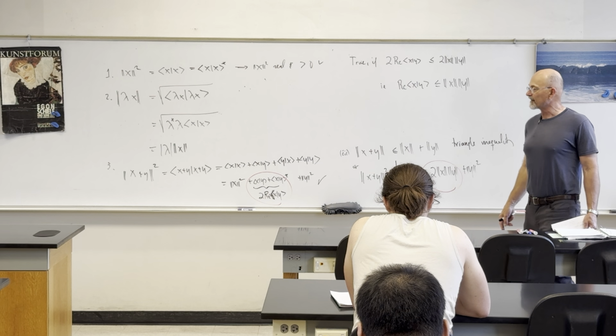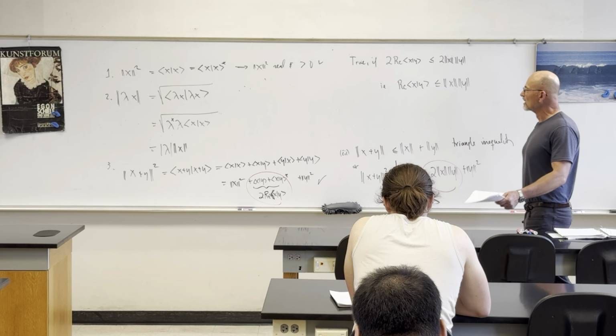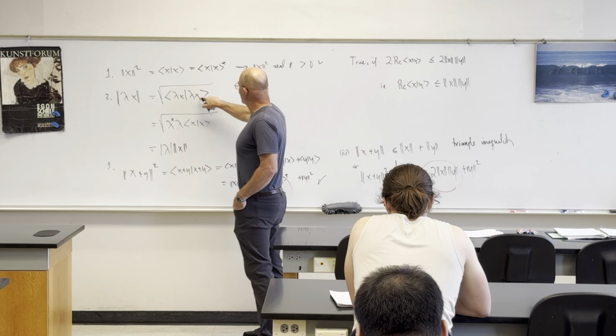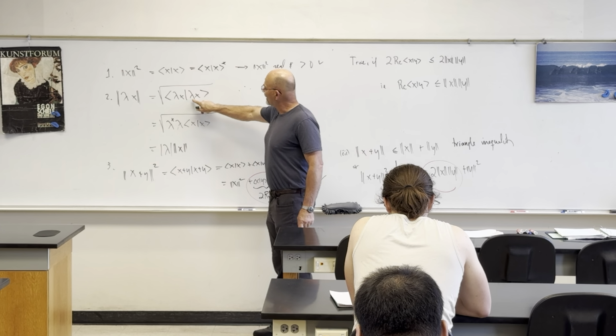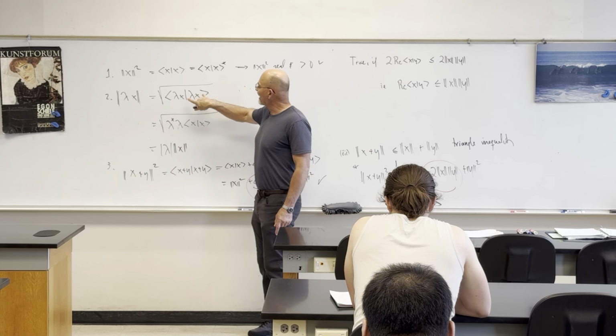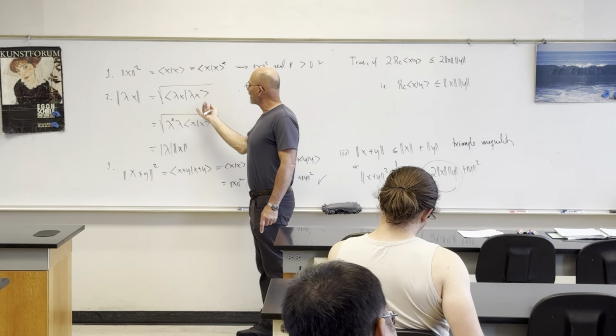With the norm of lambda x, why does one of the lambdas pull out as the complex conjugate of lambda? That comes from this property. The second one pulls out as lambda itself, right? And the complex conjugate of the entire thing.